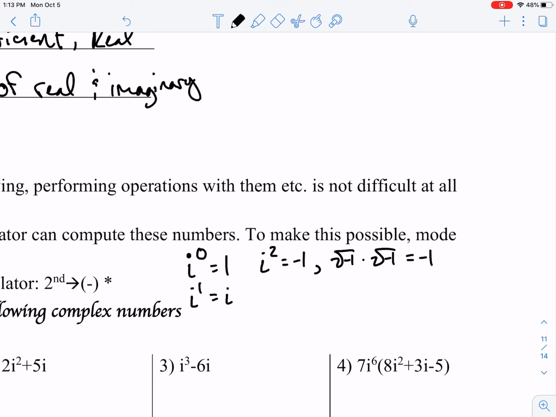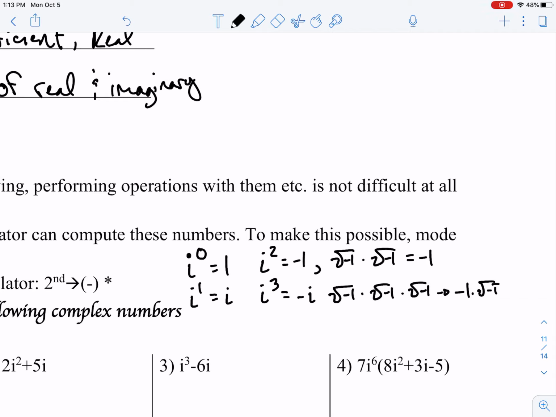Then I cubed is -I, right? Because it's square root -1 times square root -1 times square root -1, where square root -1 times square root -1 is -1 times square root -1.